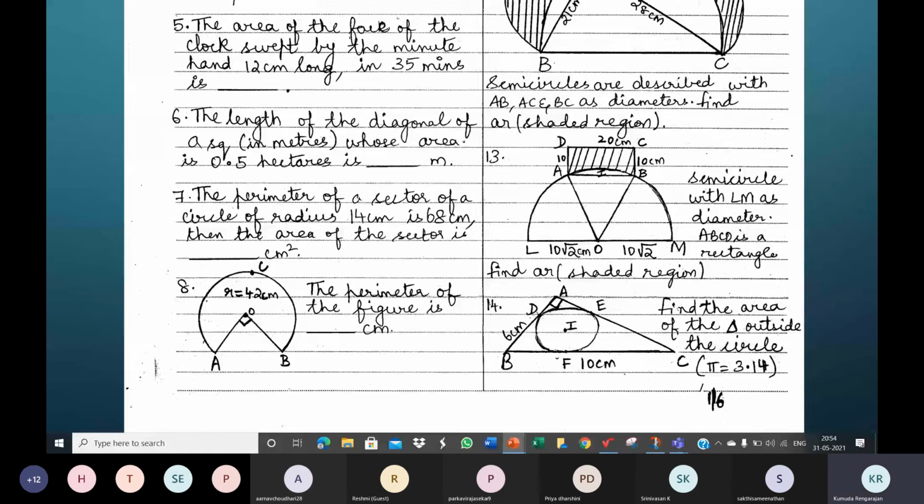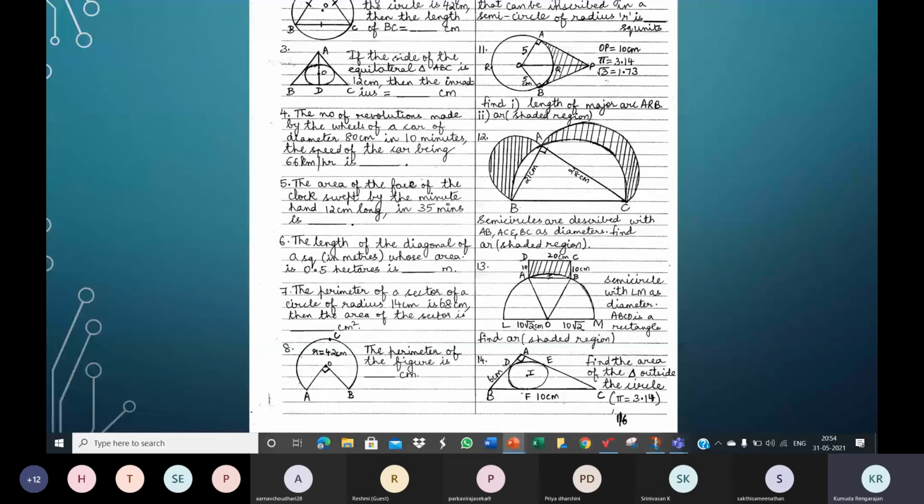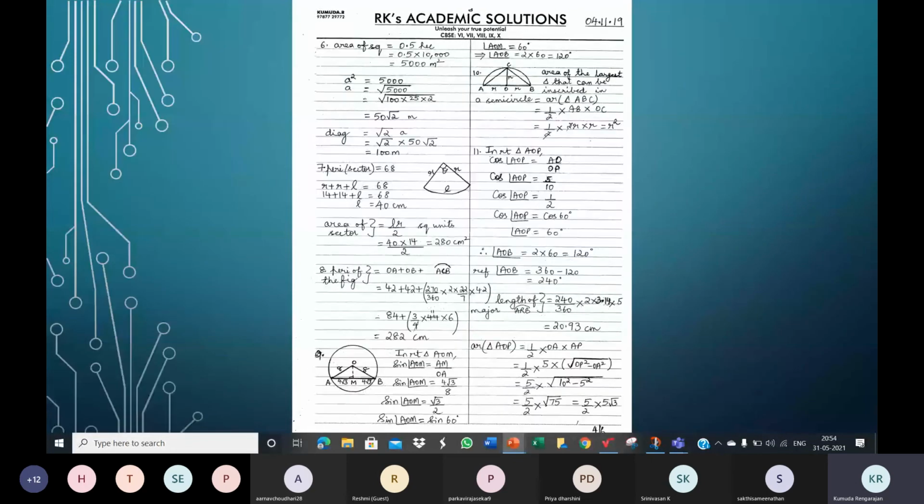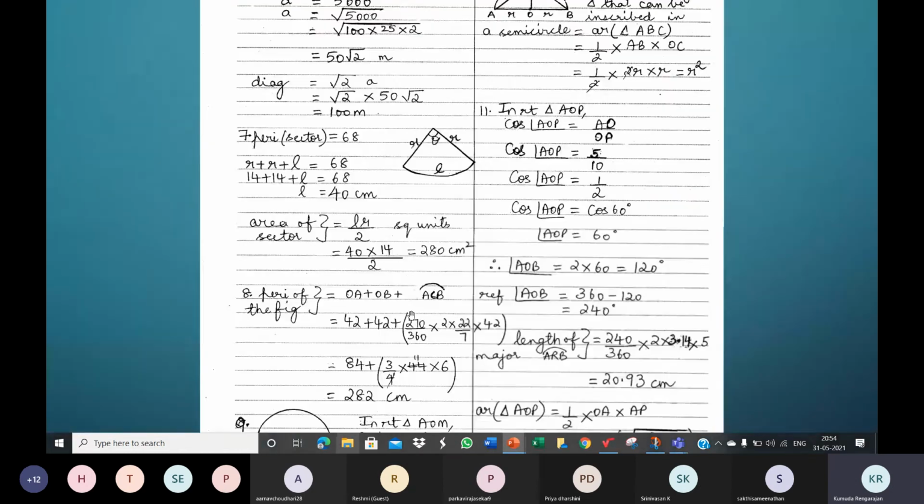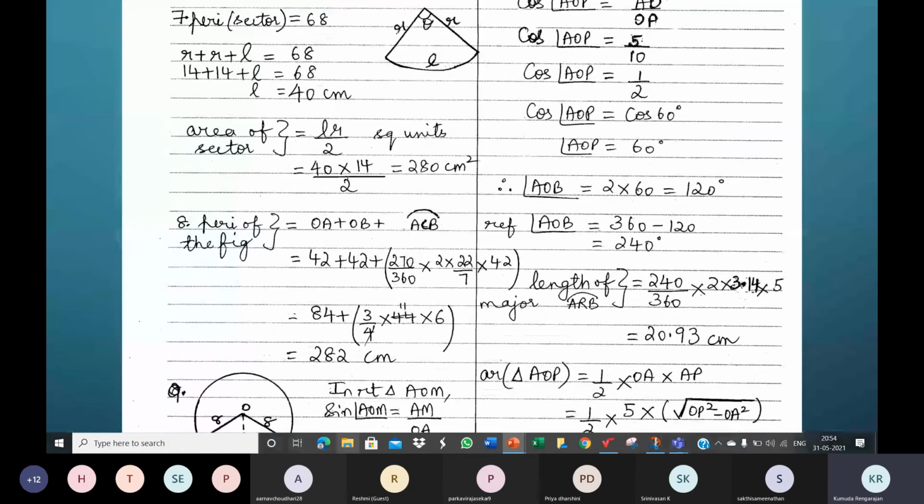Who says 150? Tirunesh, ma'am. Tirunesh, okay. Just see where you've gone wrong. You can see the answer here.